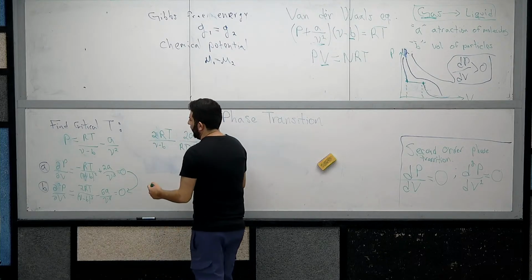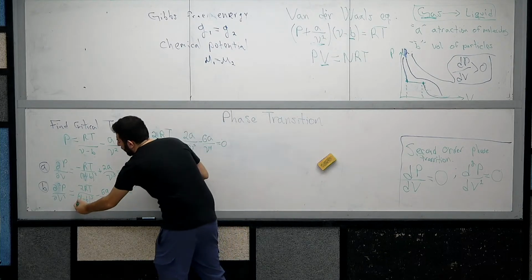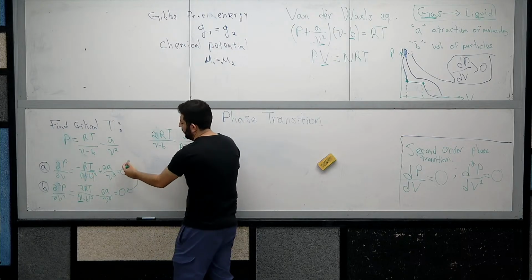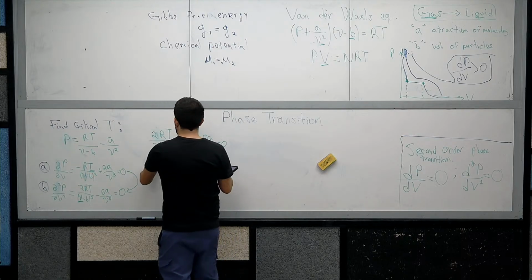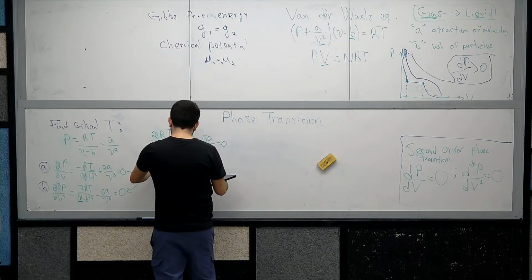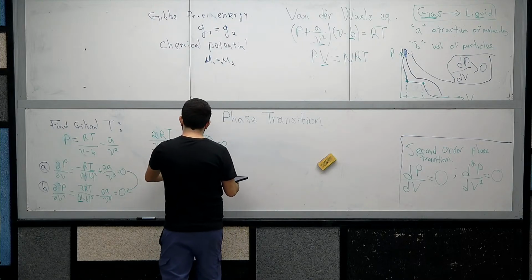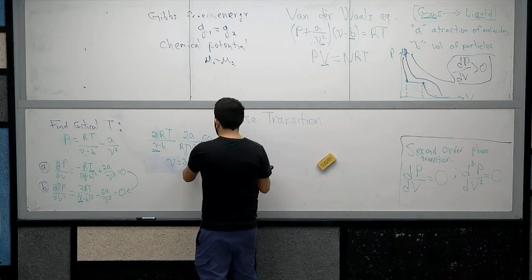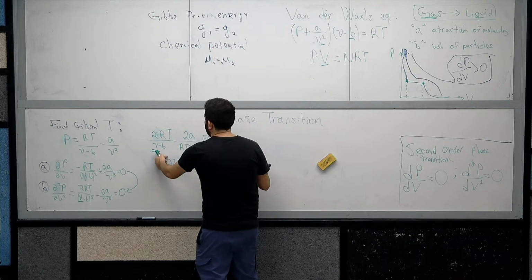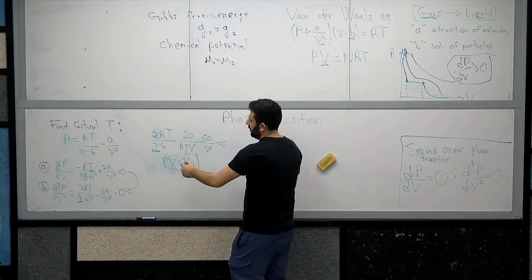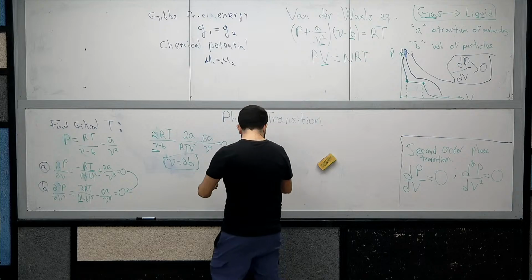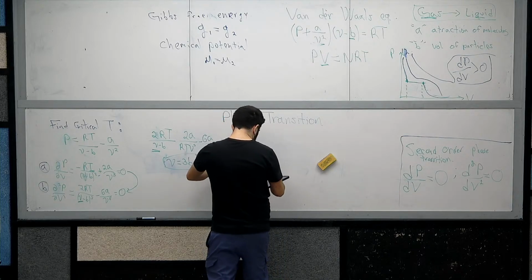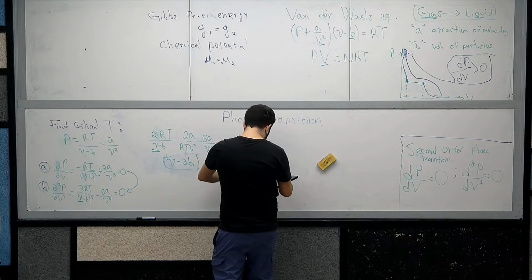Then we have two variables, which are the molar volume and the temperature, and we have these two equations. So we can solve for the volume here, let's say. And then we have that the volume is 3 times V. So this is what I told you, the volume per particle is 3 times V. And using this result and plugging it here, we get that the critical temperature is 8A over 27.